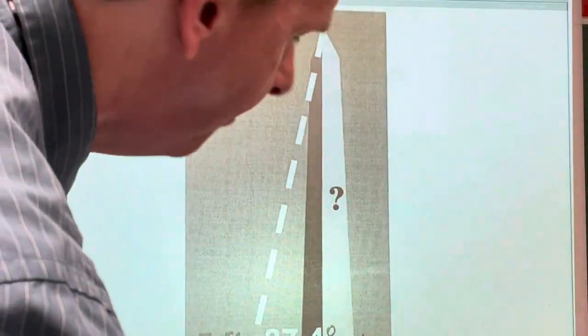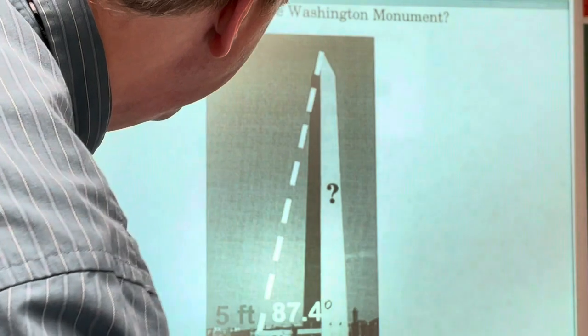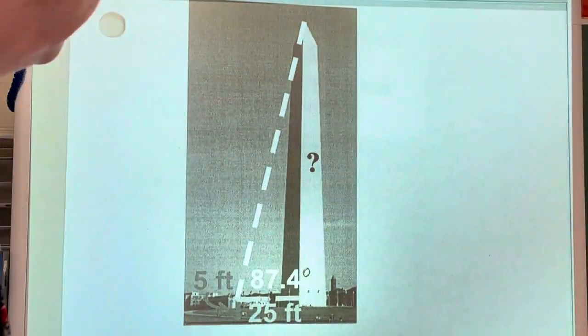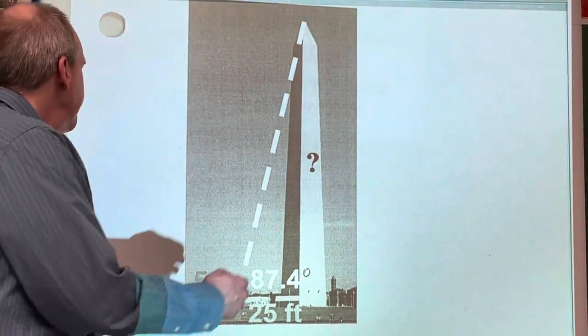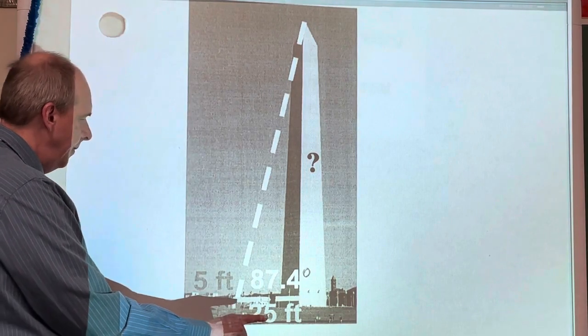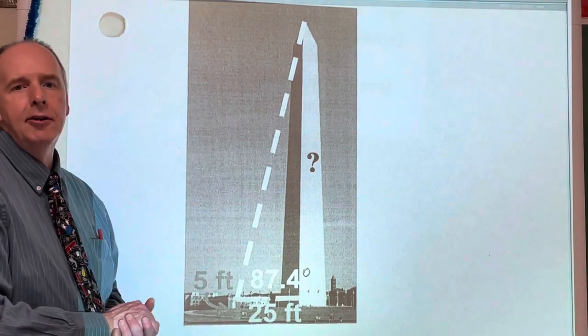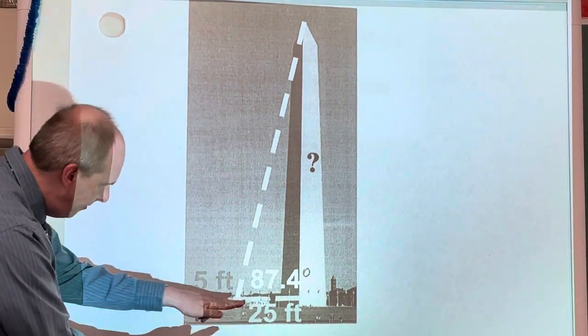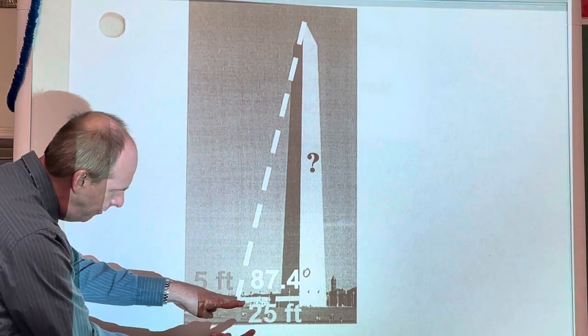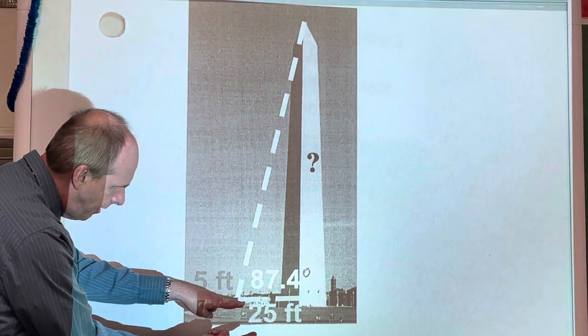Number 4, how tall is the Washington Monument? Oh my, this one looks challenging. This is a good one. So, you're standing here. You're looking up. Let's say you're about 5 feet tall. So that's what the 5 feet is for, from you to the ground.